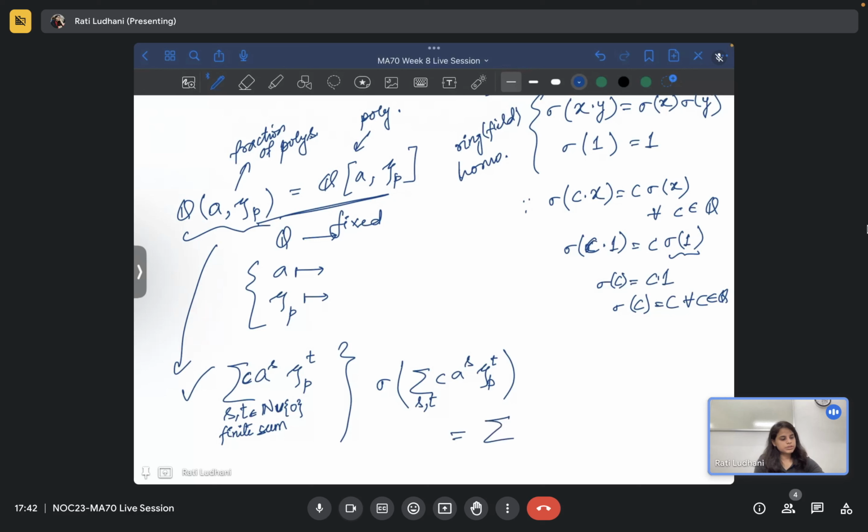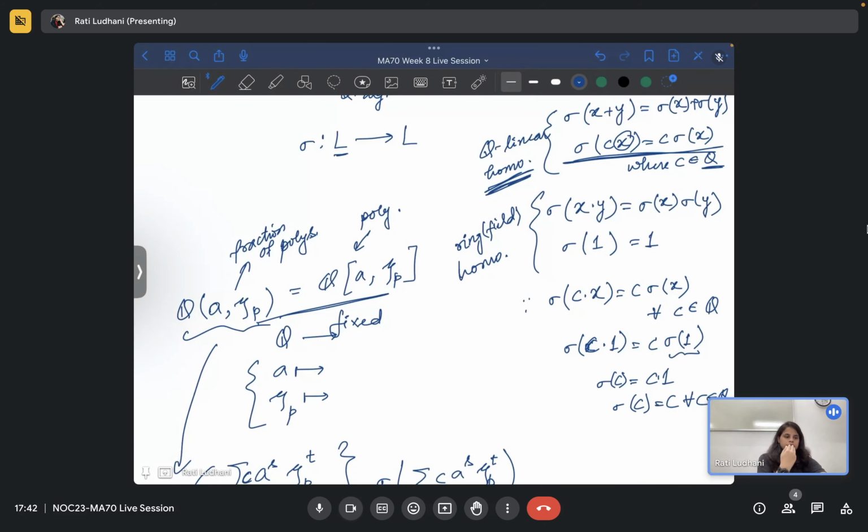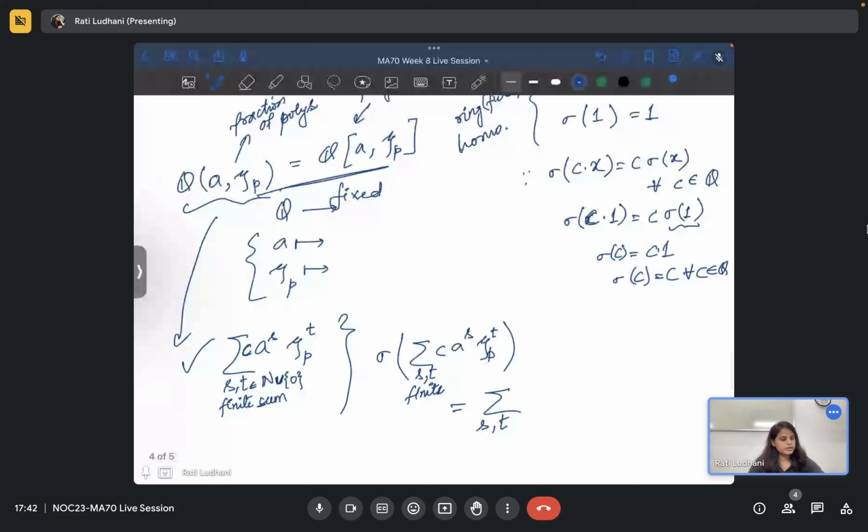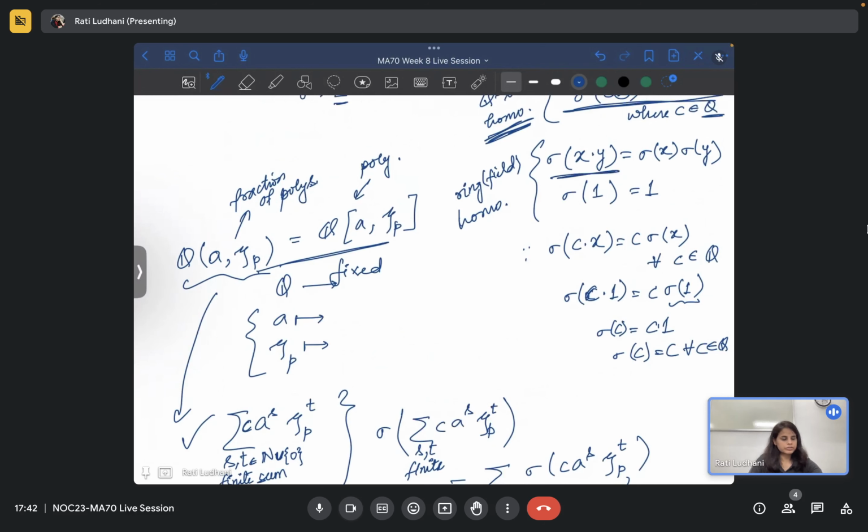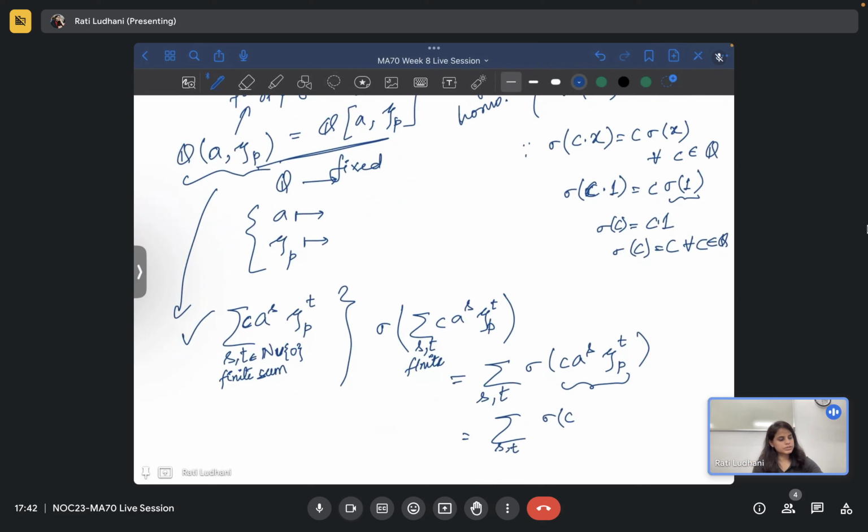Because this is a finite sum, this is for just two elements x and y, then you can apply induction and get it for any finite sequence. So you have sigma of C a raised to power s zeta P raised to power t, summed over s, t. Now in the product we can apply the ring homomorphism, and it will split as sigma C times sigma a raised to power s, and we can further split it as some power of this.